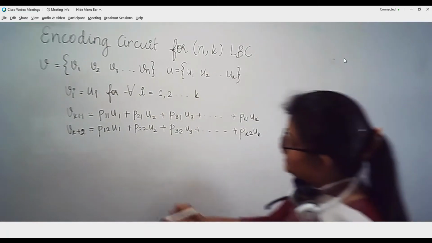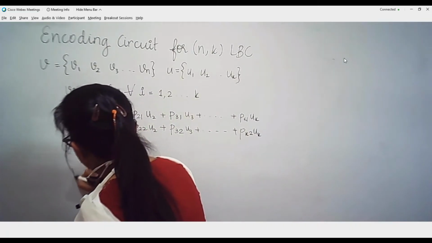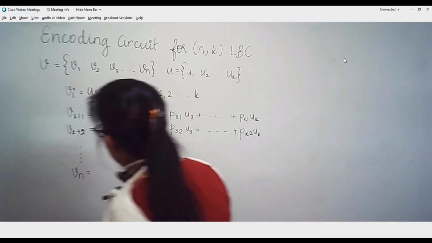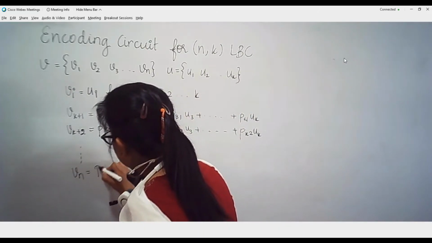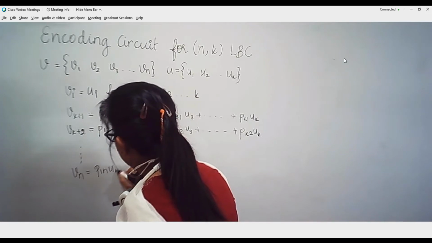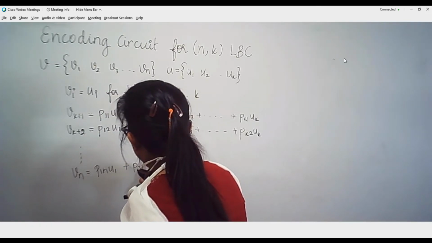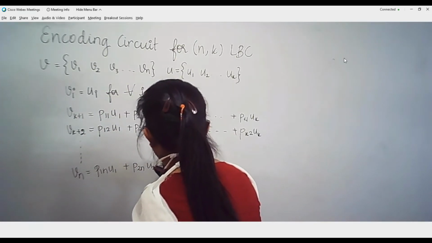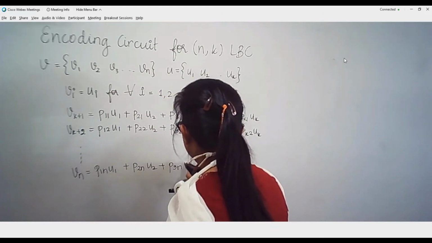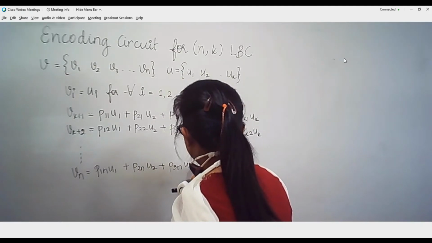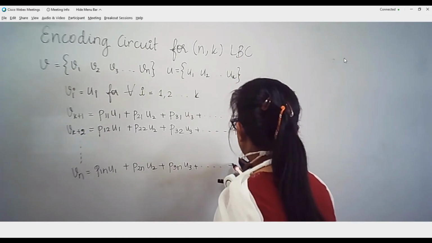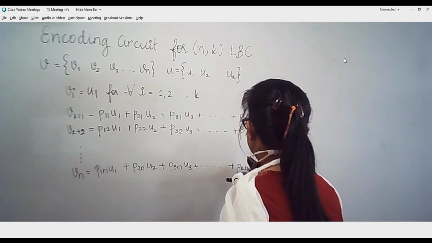This can be extended to the last bit of the code word Vn, which is denoted as P1n into U1 plus P2n into U2 plus P3n into U3, and so on.